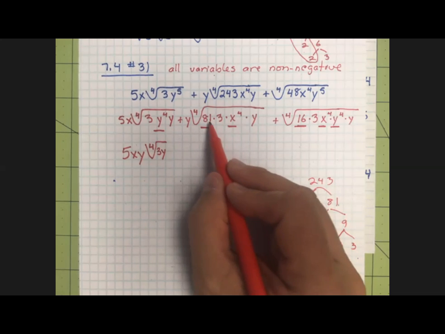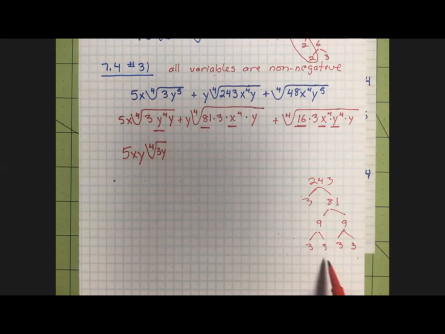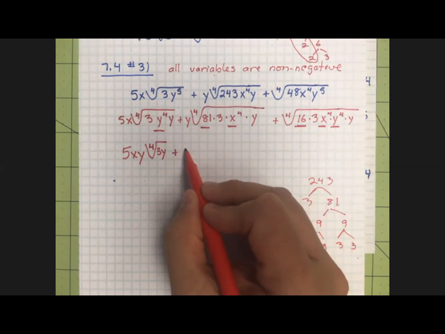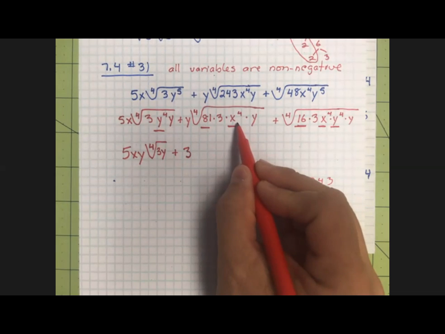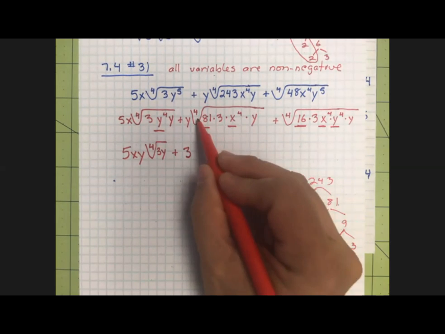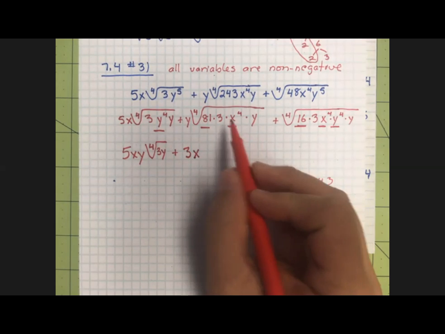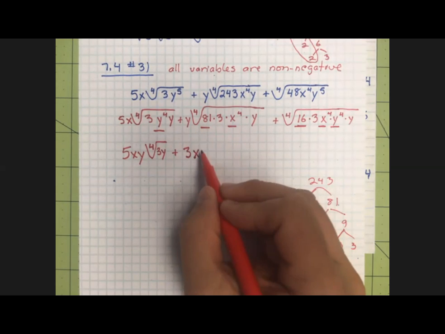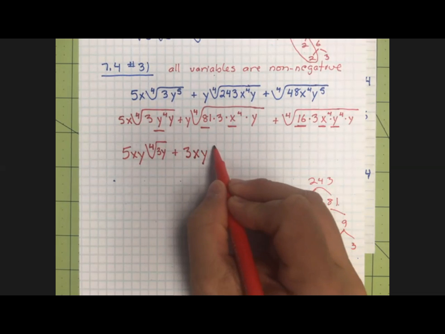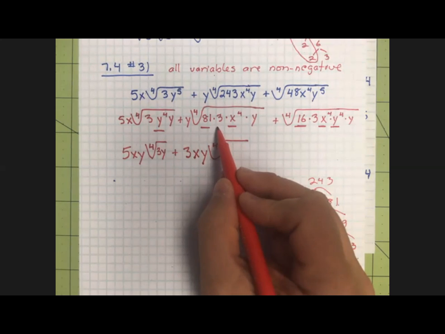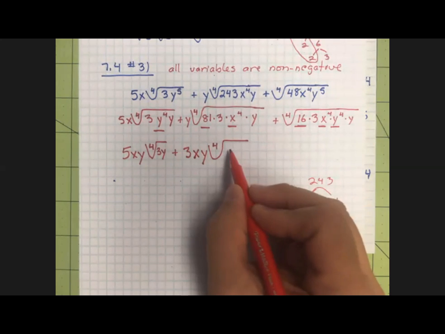Now the 4th root of 81 is 3. So here on this one, I can pull a 3 out. I can pull an x to the 4th. 4th root of x to the 4th brings out an x. And I have a y already outside. But who's left behind in prison? That 3 and that y.